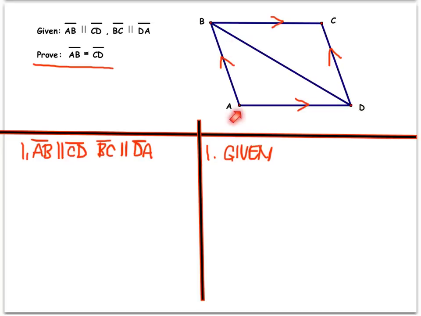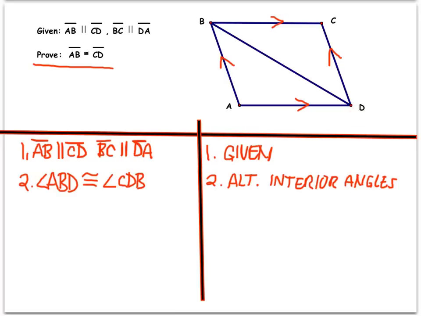So the angle ABD as well as the angle CDB are on alternating sides of the transversal, and they are inside or interior to the parallel lines. So we can say that they are congruent, and I'll put my tick marks on the diagram, by the alternate interior angles congruence theorem.